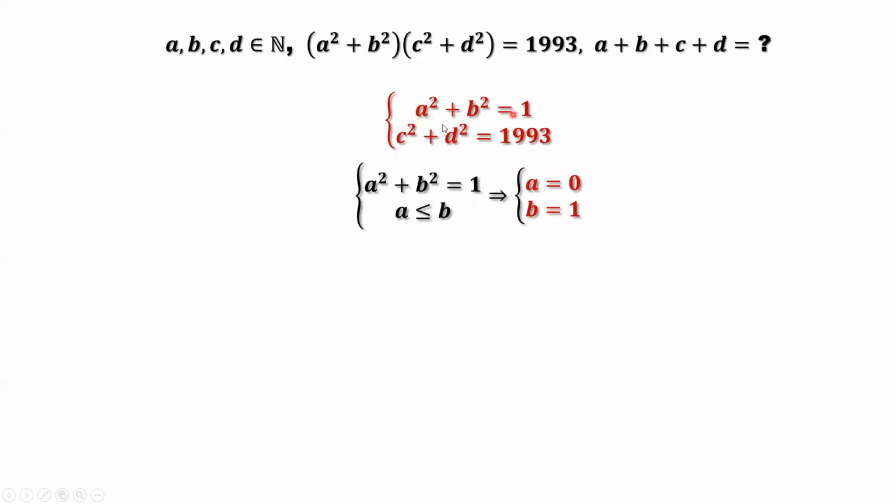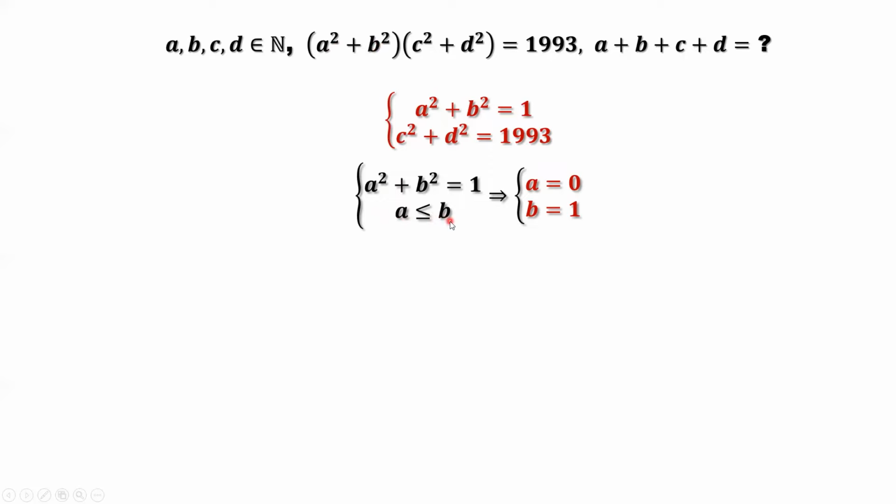Consider the first result, a squared plus b squared equals 1. Here, we also assumed a less than or equal to b.